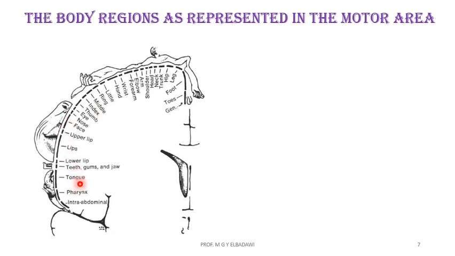The parts here are shown starting by the pharynx, and part of the intra-abdominal organs can precede the pharynx, or start at the most lower part. As it goes up, the parts of the head and neck will go to the parts of the upper limb, then the head and neck, the trunk, and lastly the lower limb.